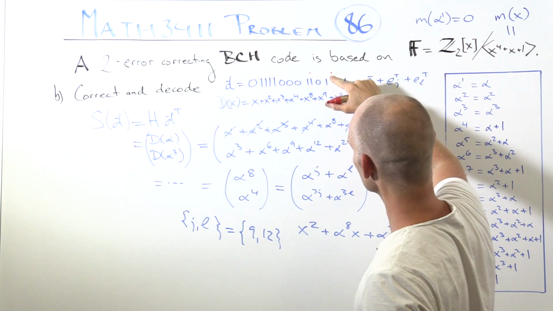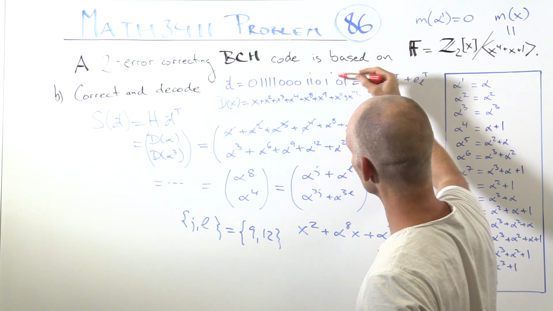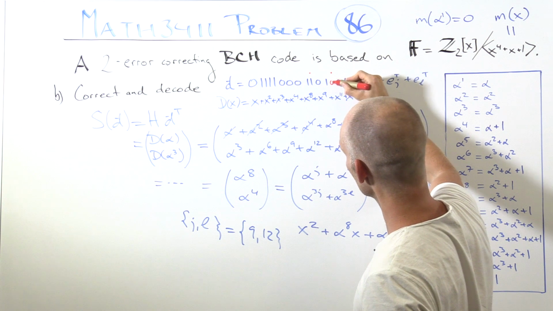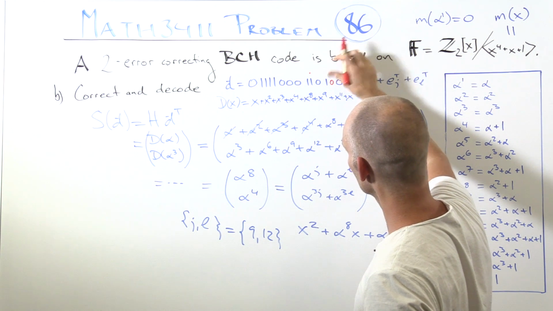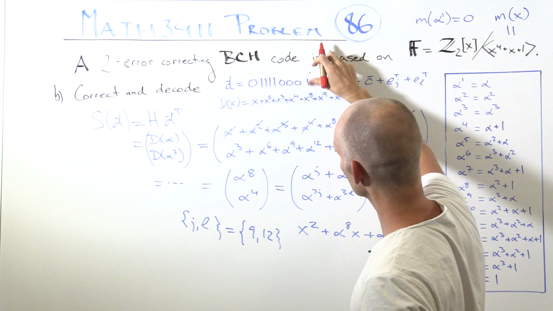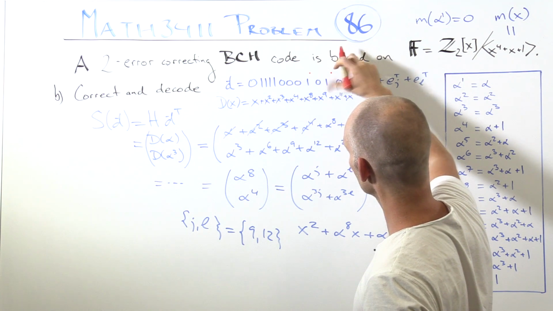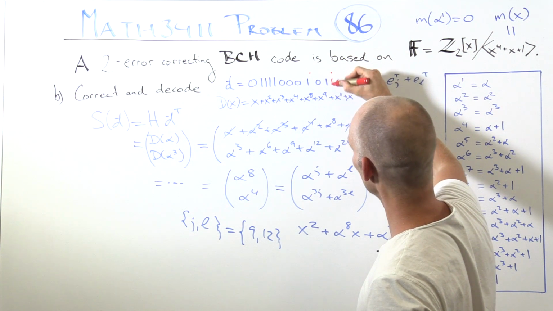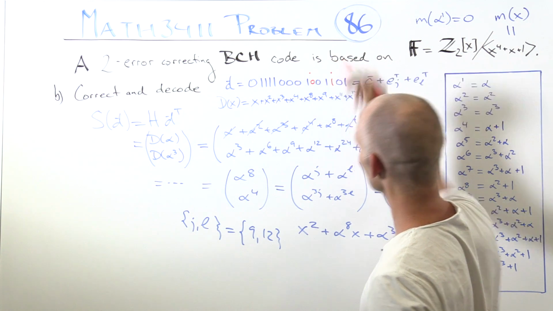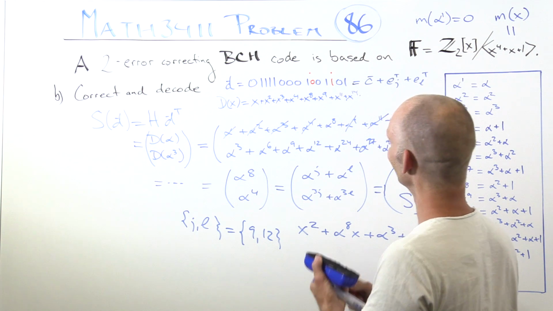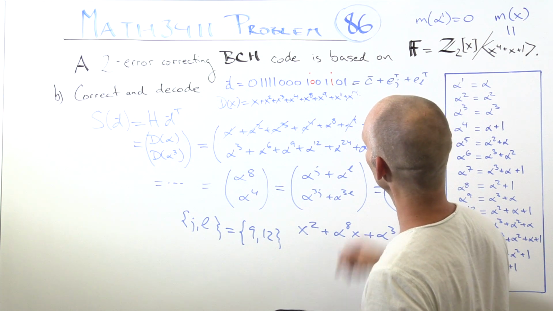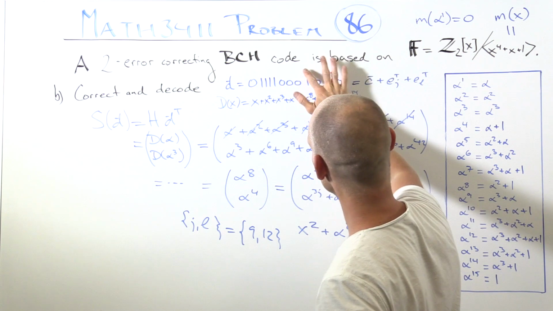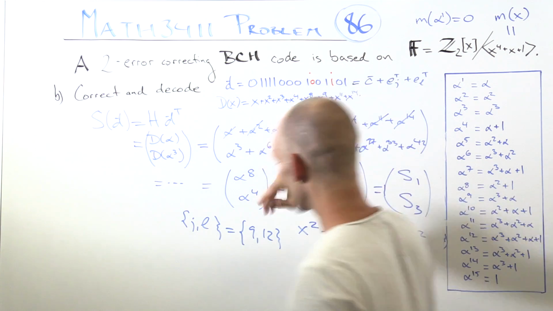So if we correct this code word here, we get a 0 there, we get a 1 there, and we get a 0 there, sorry. Yes, and then we've corrected it.